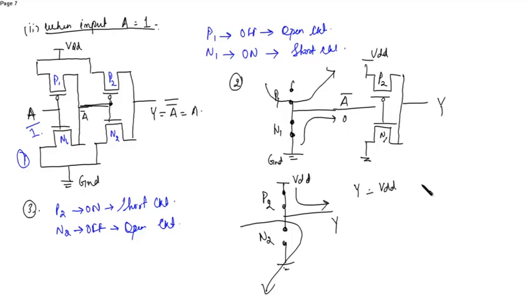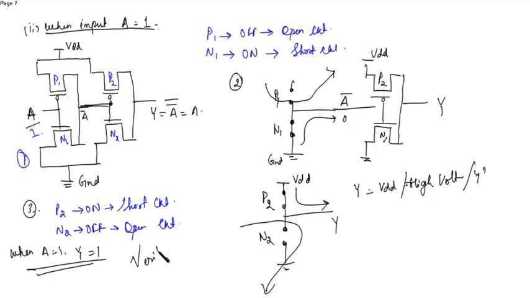Y is equal to VDD, or you can say high voltage or 1. So when A is equal to 1, the obtained output Y is also equal to 1. This is verified. So now you can see that the truth table is correct.